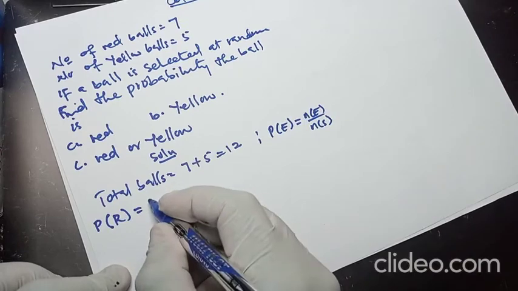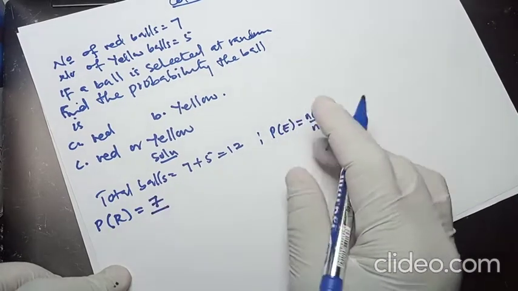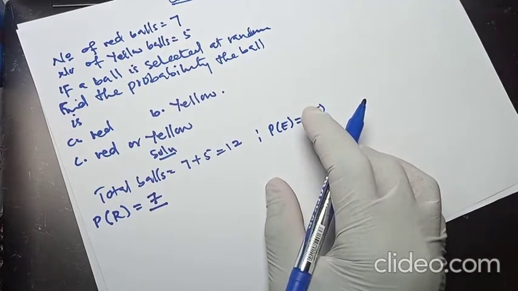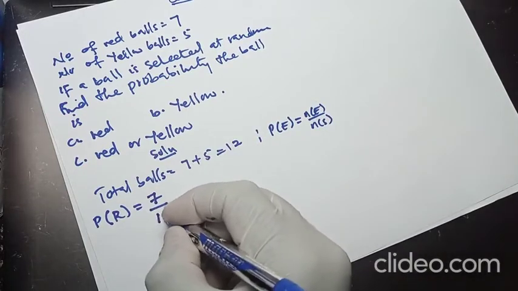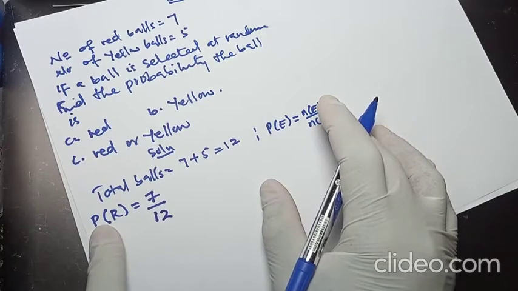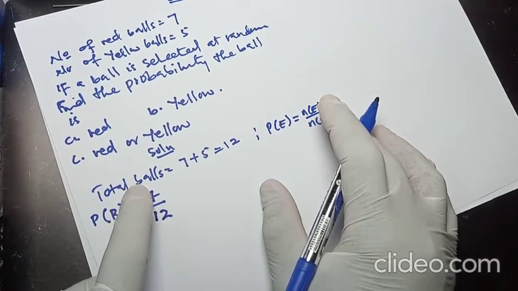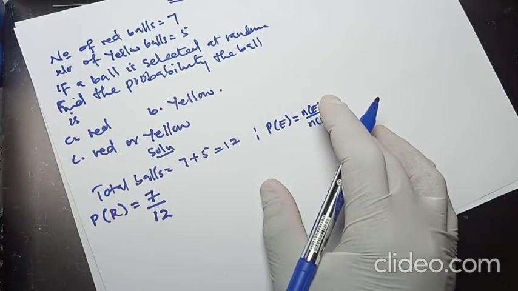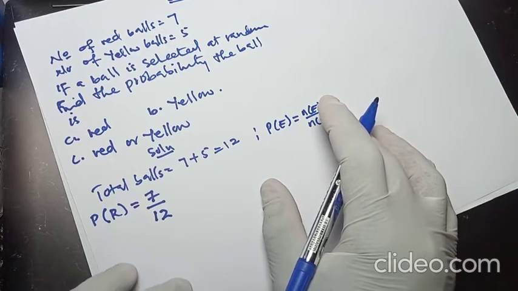So it will be 7 over the total number of balls, which is 12. So it's 7 on 12.